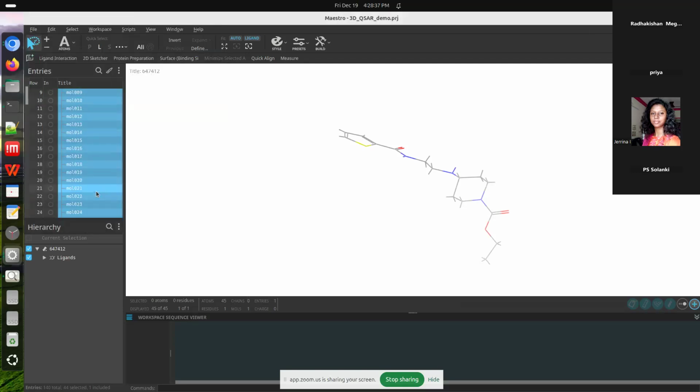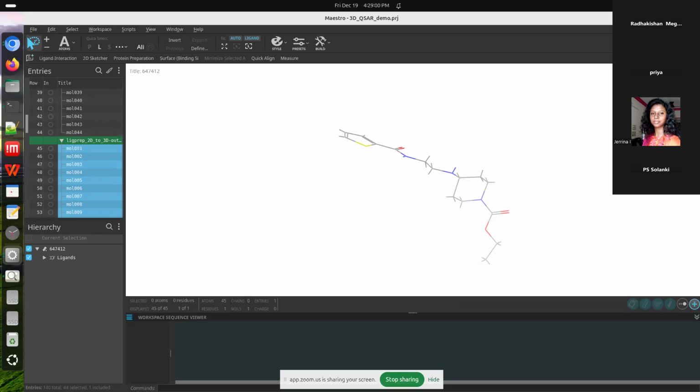Since I've already prepared, I can show you, these are the prepared ligand prep structures, which we can see in the selection space after preparing the ligands, and you can select that for the next process.